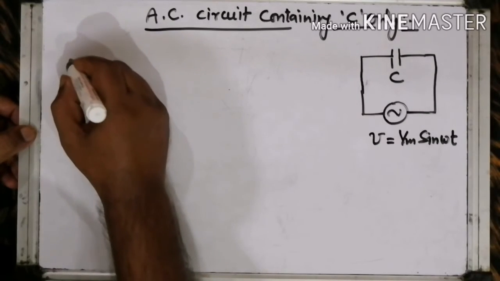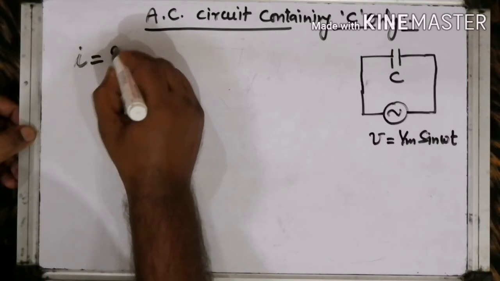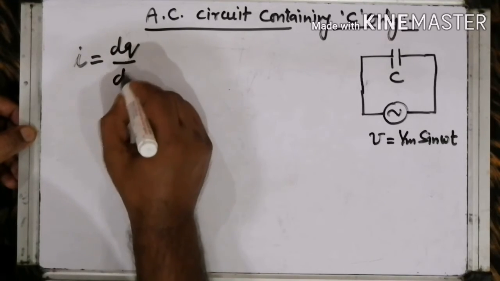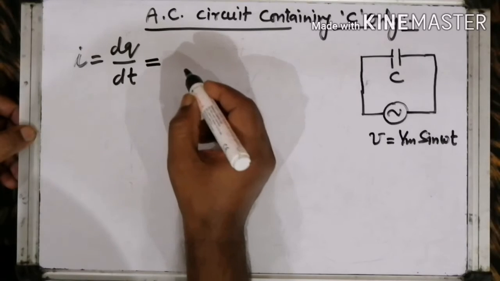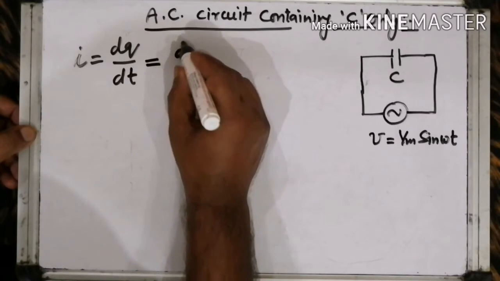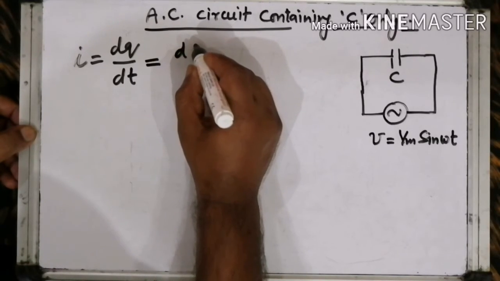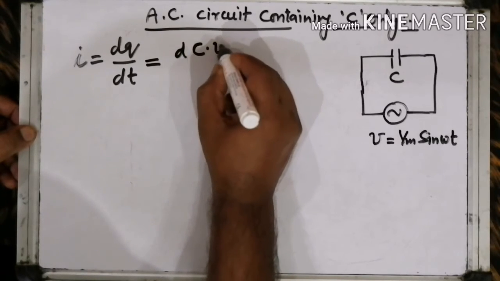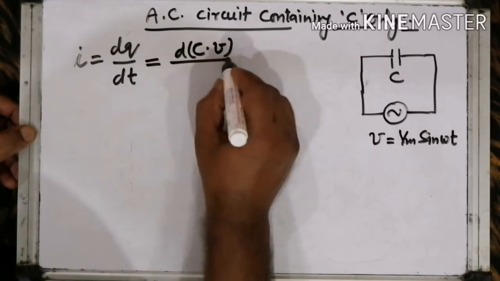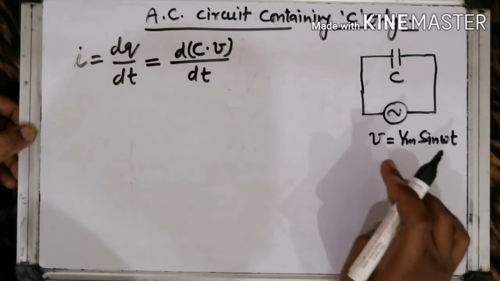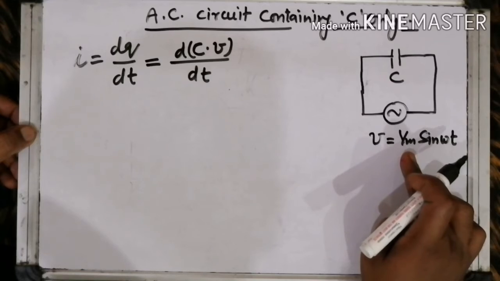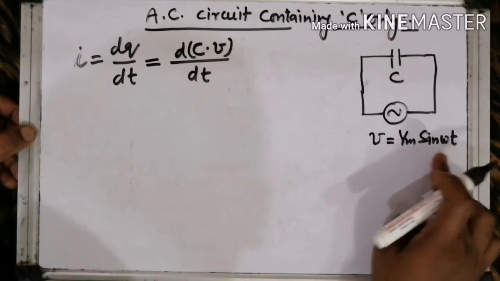Circuit current I is equal to dq divided by dt, that is equal to d(CV) divided by dt, since q is nothing but C into V. And the formula of the voltage is V maximum into sin omega t.